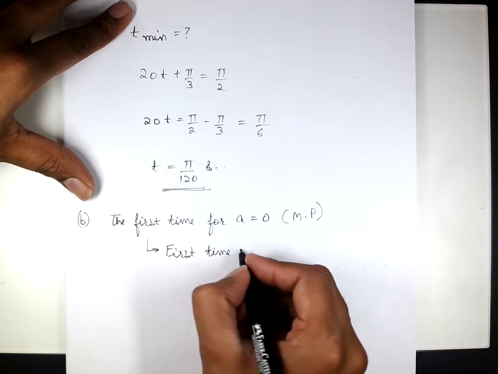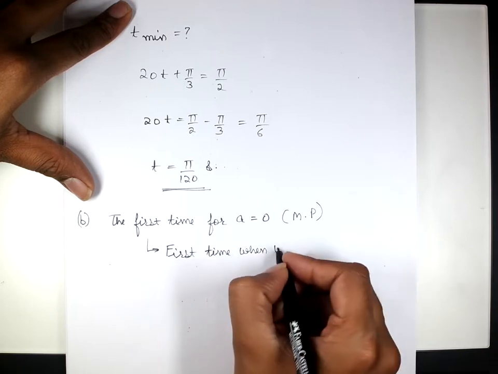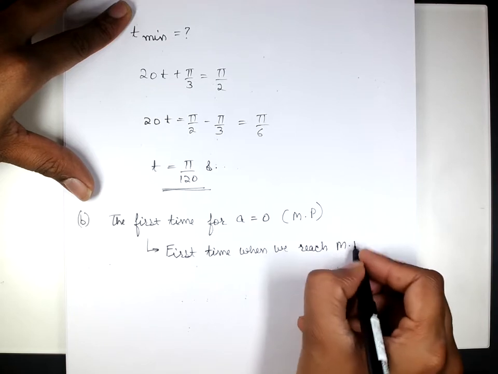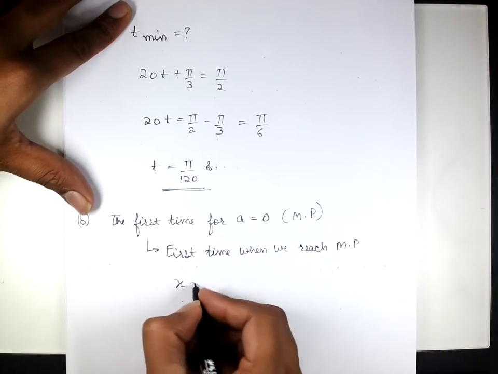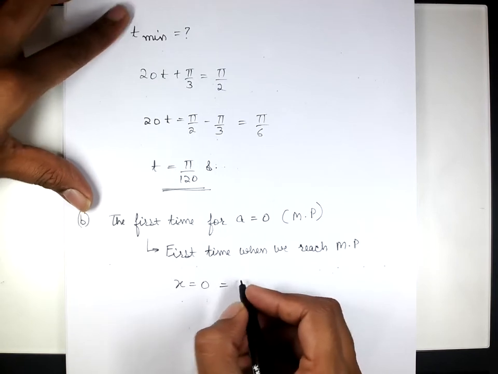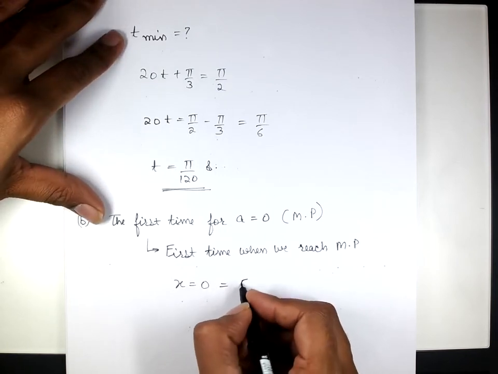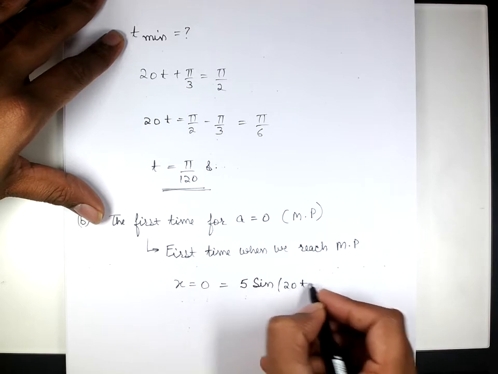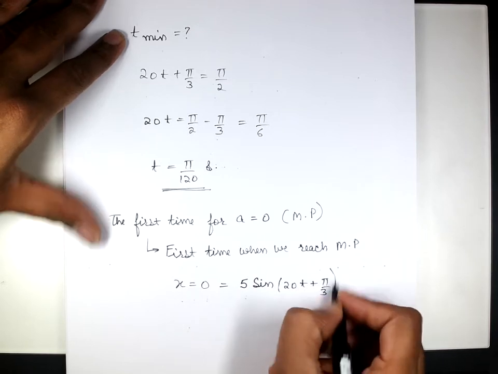The mean position has a simple coordinate, that is x equal to 0, or x written as 5 sine(20t plus pi by 3) equal to 0.